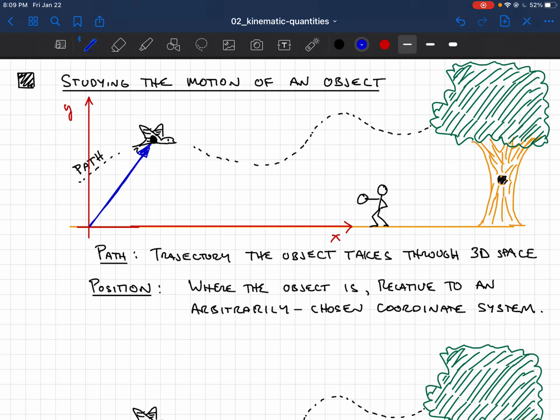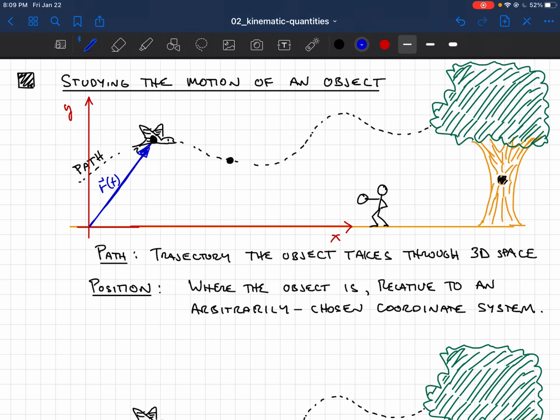We might call it actually the r of t vector, meaning it's the position at this one particular moment in time that we're looking at. That's the position. Now, we could let the bird go, and a few seconds later, the bird will be over here.